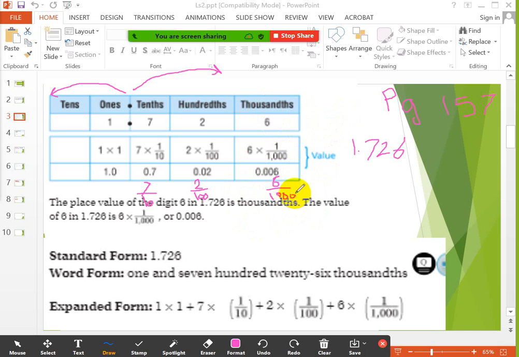So if you want to break down this fraction, write it like this, 6 multiply 1 over 1,000. You can, because 6 multiply 1 equals 6, so I can break down the fraction and write it as a multiplication between a whole number and a decimal fraction. Okay? Very important to understand this.